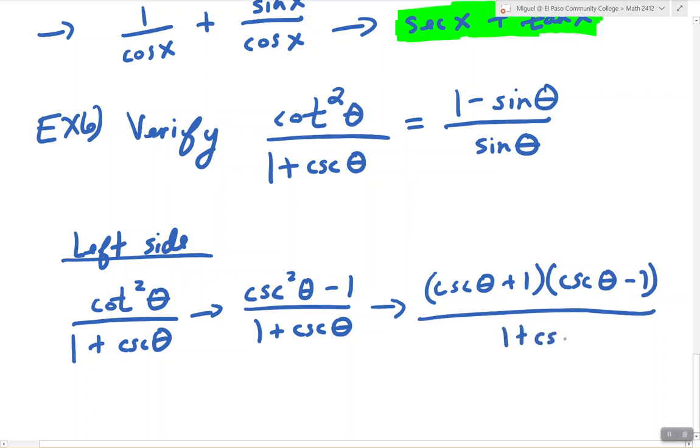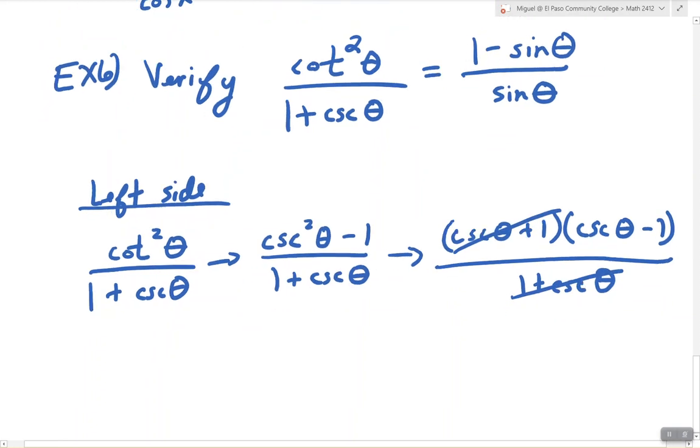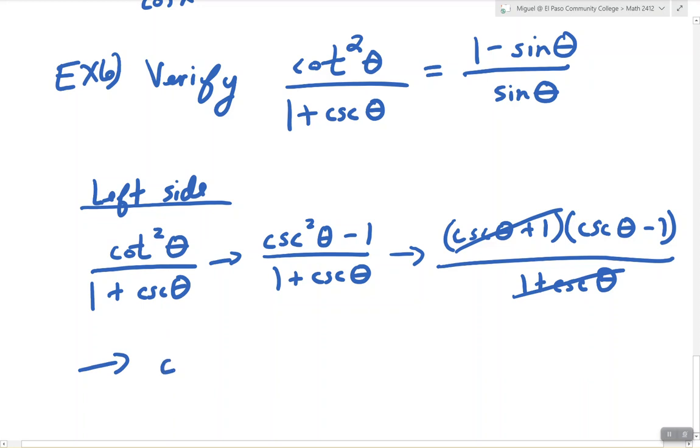The bottom stays the same, since it's just 1 plus cosecant, right? Doesn't have a square or anything. And then we can see here that this and this match up. So these will divide out. And I'm left with cosecant of theta minus 1.